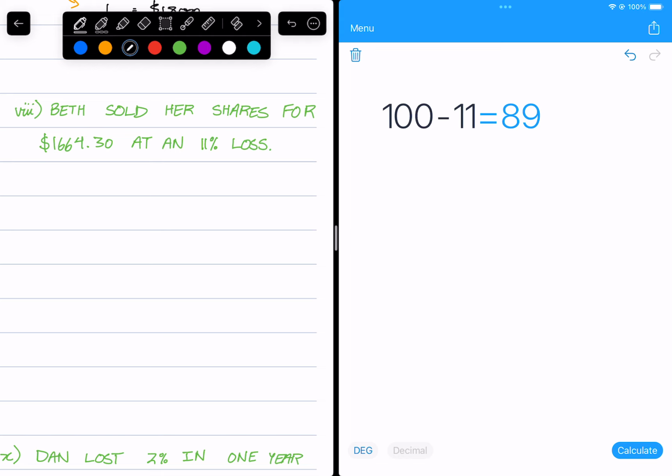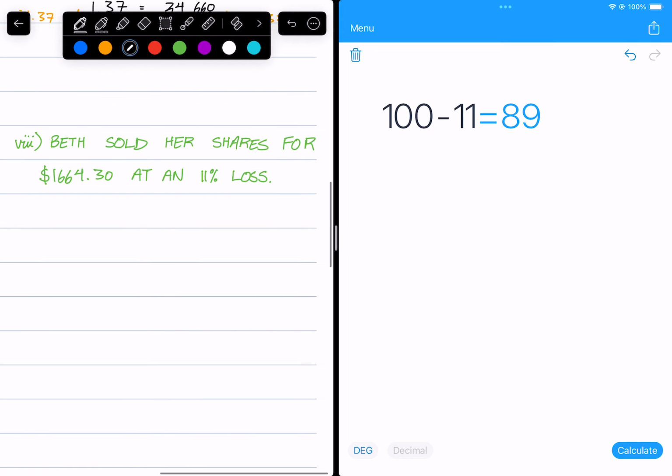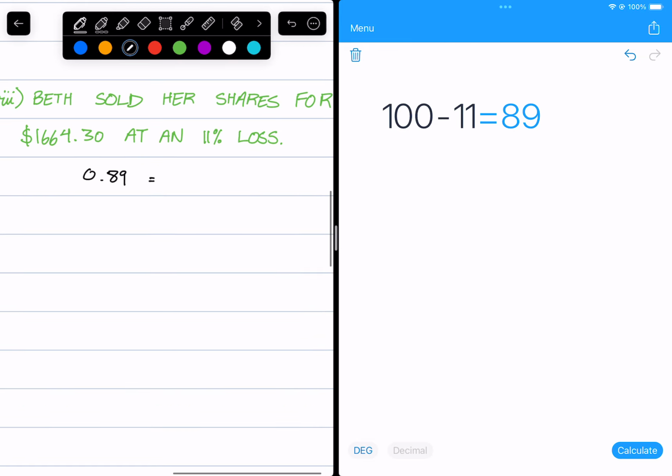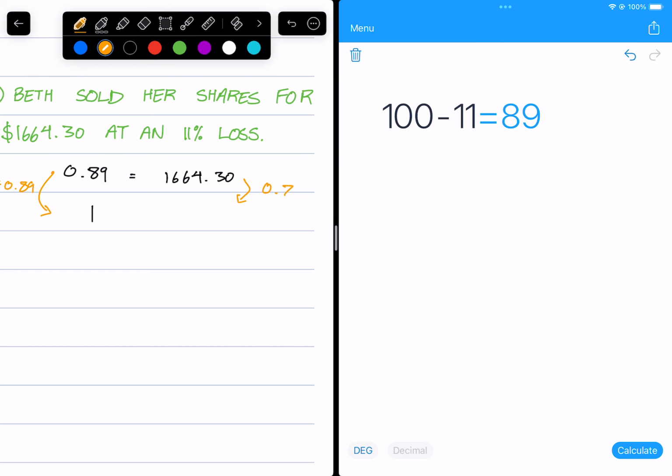And once again, just to do this as a decimal instead of a percentage, 0.89, that is the amount that we currently have. So 166,430. And we want to find the 1. We do this by dividing by 0.89 on both sides.